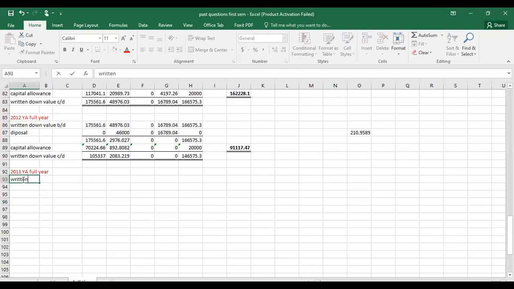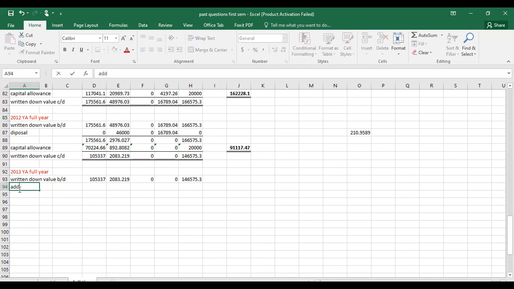So written down value brought down is going to be equal to this and the rest.